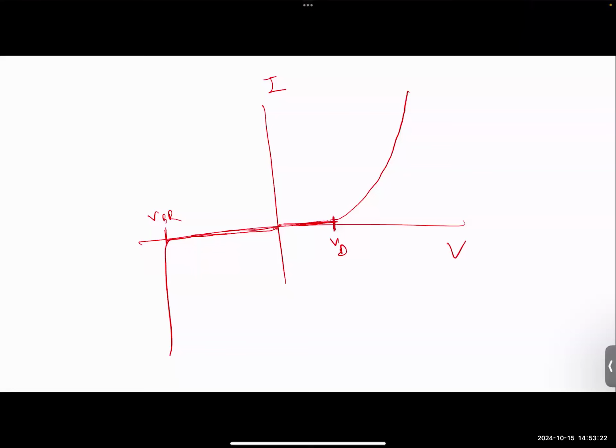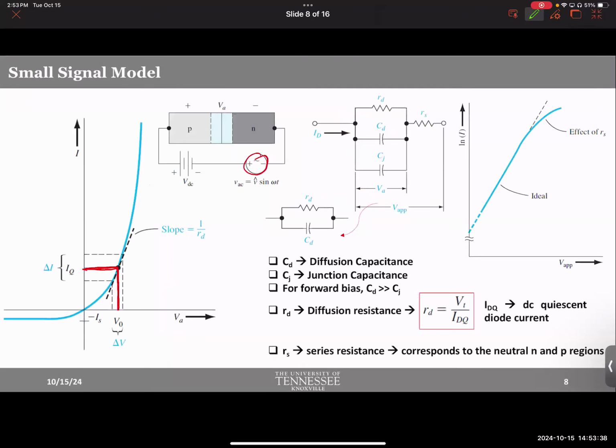So imagine you have some DC voltage, VDC, and on top of it, you have an AC signal. That AC signal will take it a little bit up and a little bit down. So increase the voltage a little bit, decrease the voltage a little bit, okay? That means from this point onwards, you'll move to the right and move to the left, slightly.